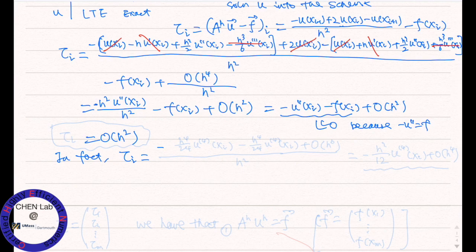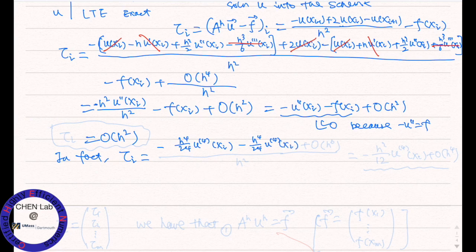So here you have a negative h to the fourth divided by 24, and u to the fourth derivative at xi, all right, minus what we have from u(xi plus 1). That's another h to the fourth over 24, u to the fourth derivative at xi, right?